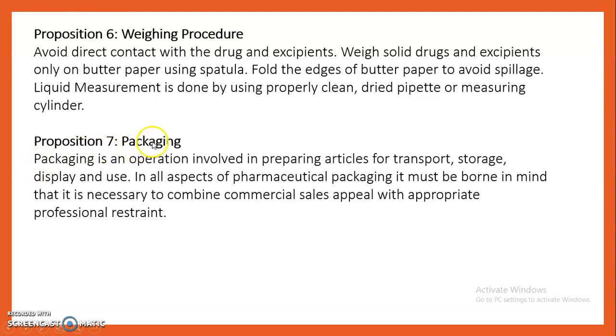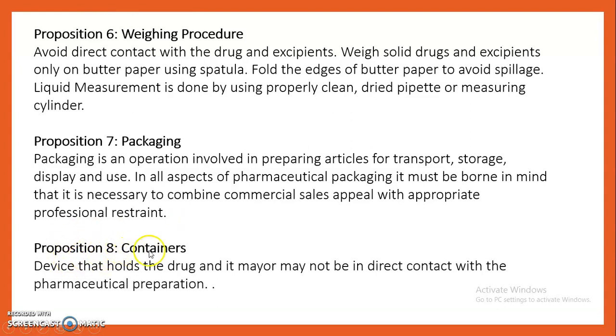Then proposition 7 is about packaging. Packaging is an operation involved in preparing an article for transport, storage, display and use. In all aspects of pharmaceutical packaging, it must be borne in mind that it is necessary to combine commercial sale appeal with appropriate professional restraint.